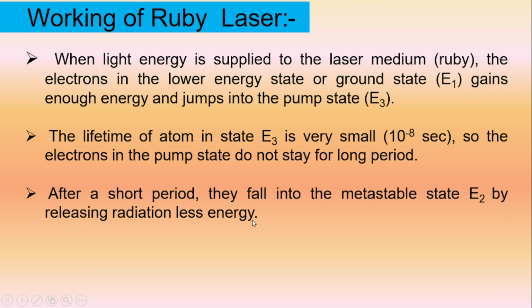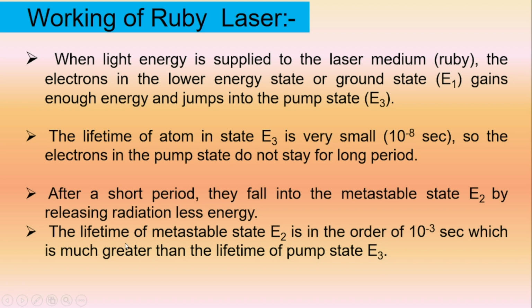That means when electrons fall from the higher energy state E3 to E2, they release some energy in the form of heat, that is the radiationless energy. The lifetime of the metastable state E2 is on the order of 10 to the minus 3 second, which is much greater than the lifetime of pump state E3.